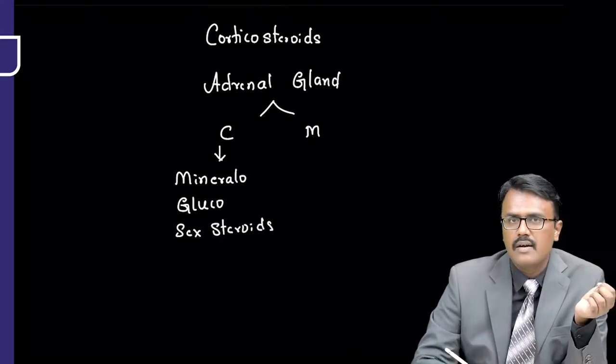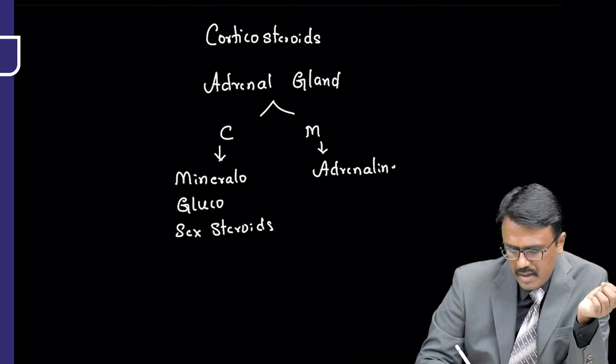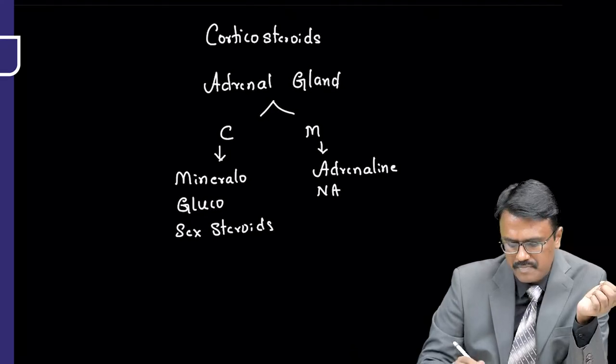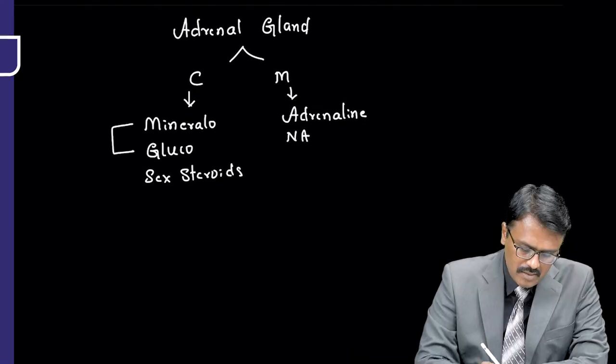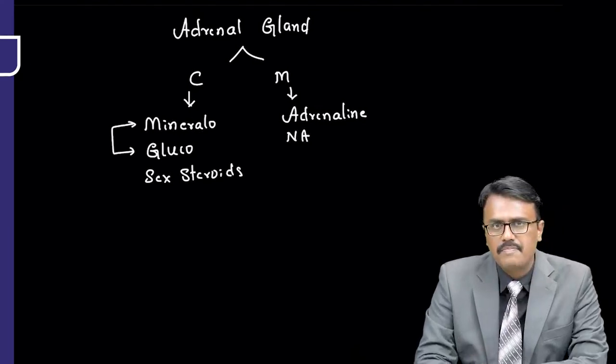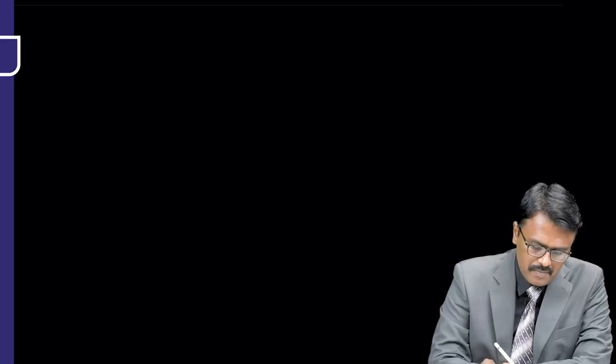And the adrenal medulla will secrete the catecholamines, that is adrenaline and noradrenaline. So what we are going to deal with now is the concept regarding the mineralocorticoid and glucocorticoid, and let us understand that.